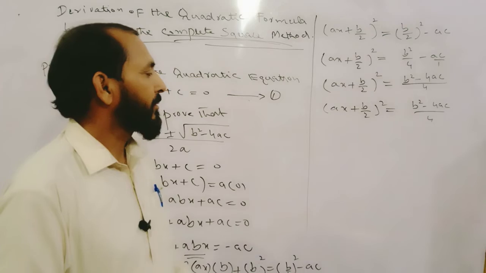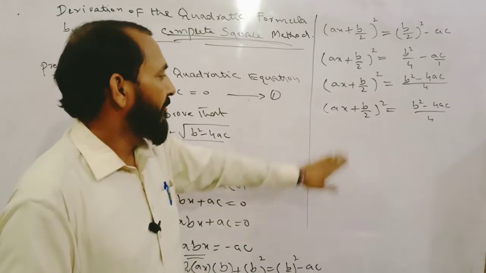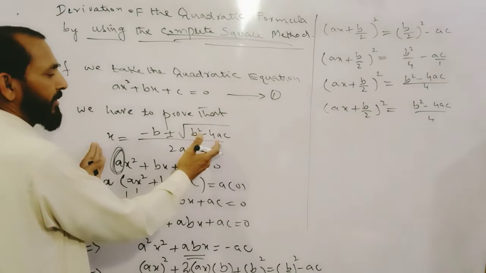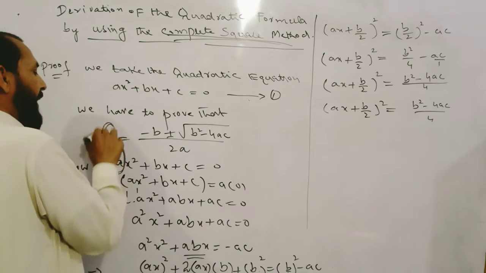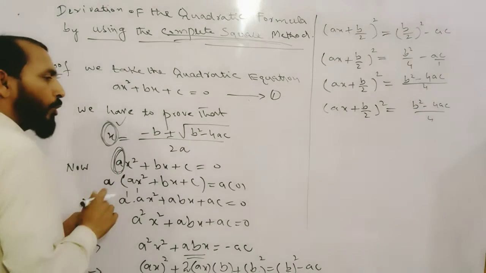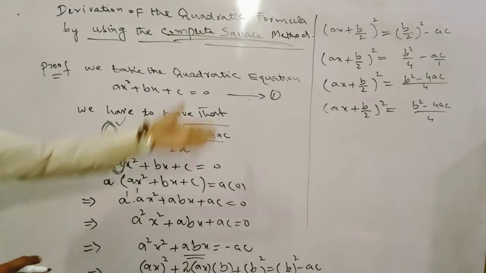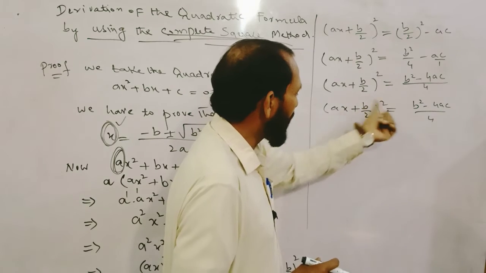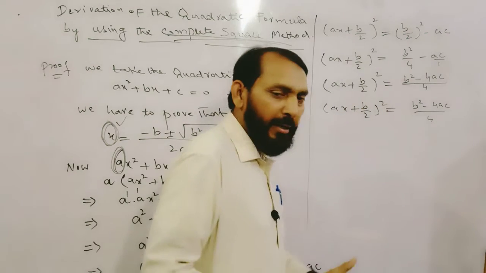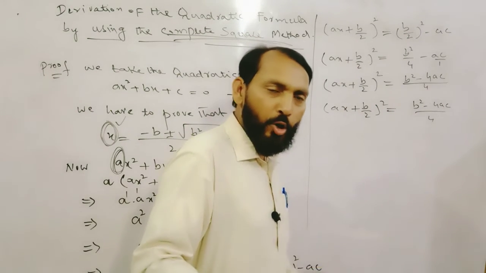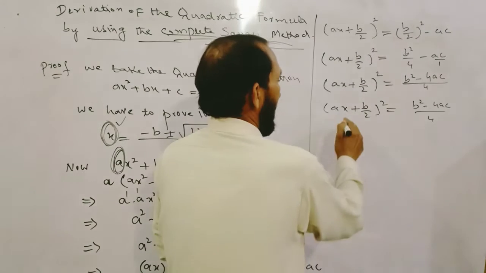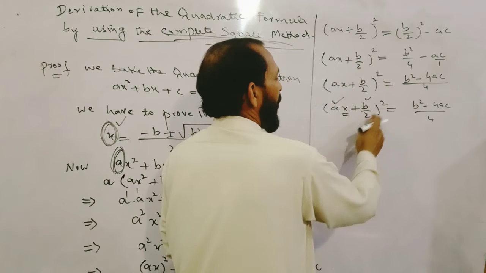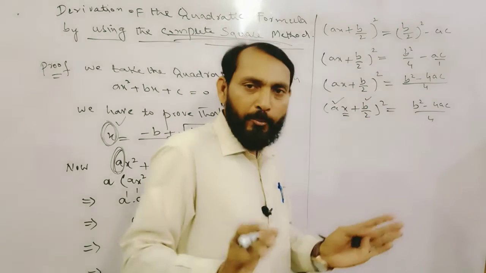After this, we can solve, and we have the final result in this form. You see that here x is on the left hand side, so in ax plus b over 2 we can separate the x. The square will be removed.